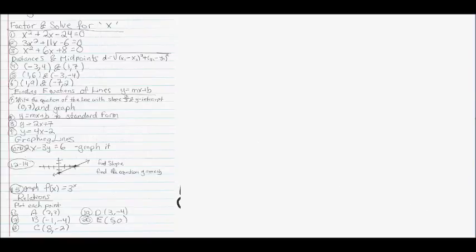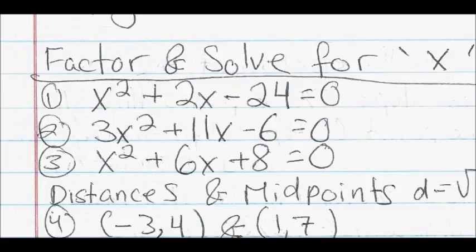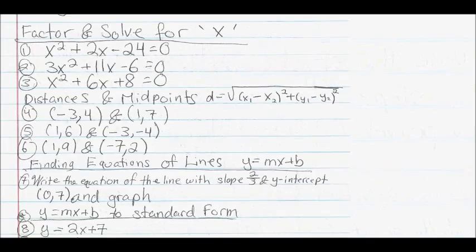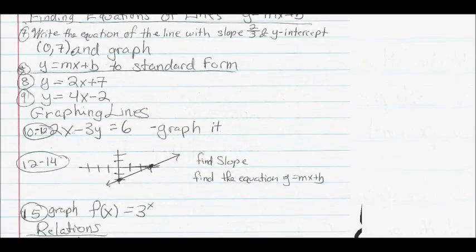Next is find the equation of the line, y equals mx plus b. Let's magnify that, and we'll do that together. So let's find our slope. We're going up 1, 2, and across 3.